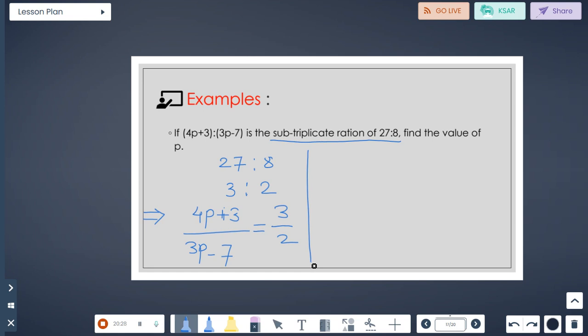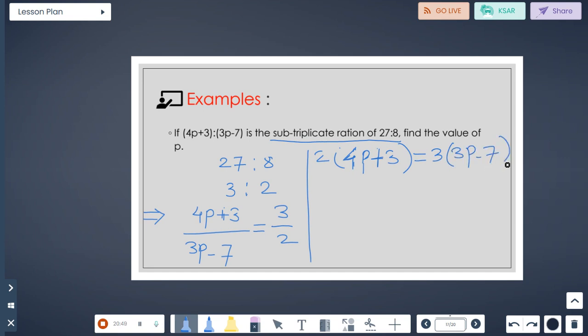Cross multiply, we get 2 in bracket 4p plus 3 is equal to 3 in bracket 3p minus 7.